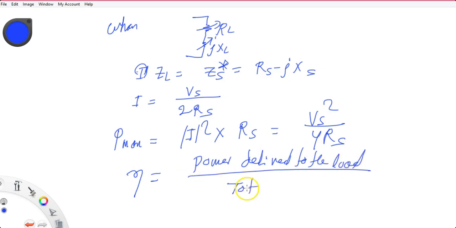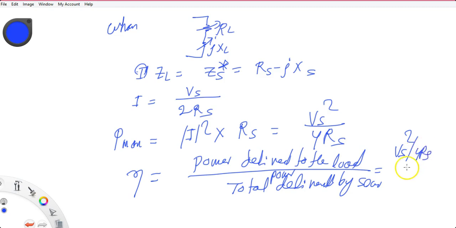and total power delivered by the source. You can simply find out VS square upon 4RS upon VS square upon 2RS.